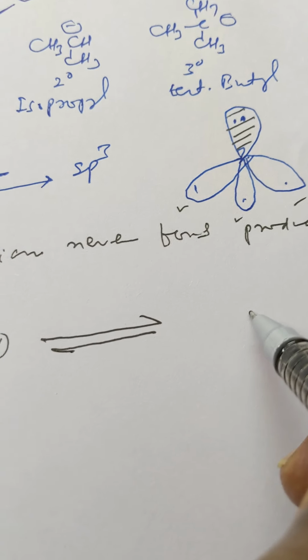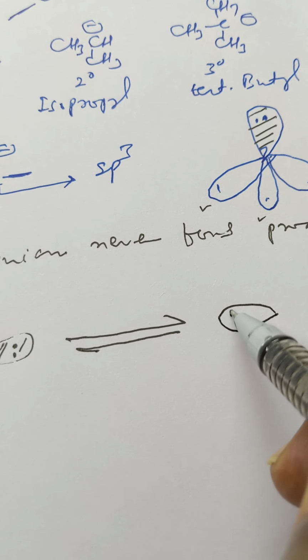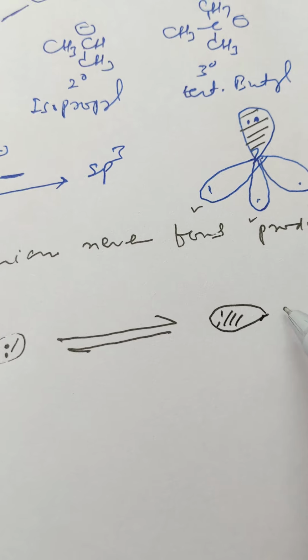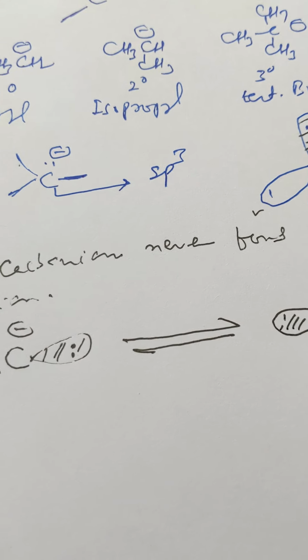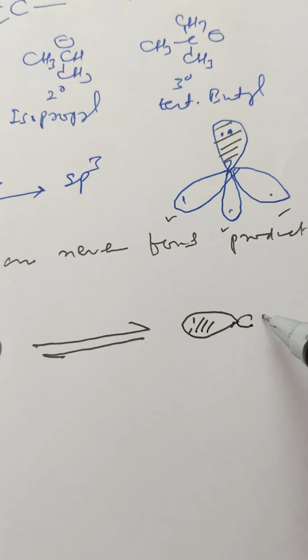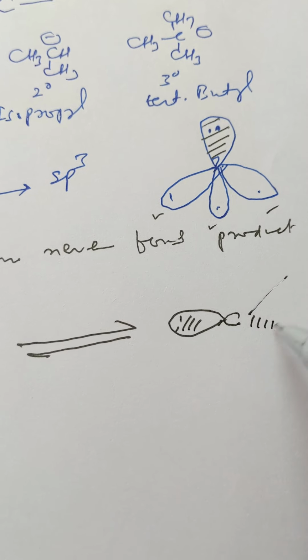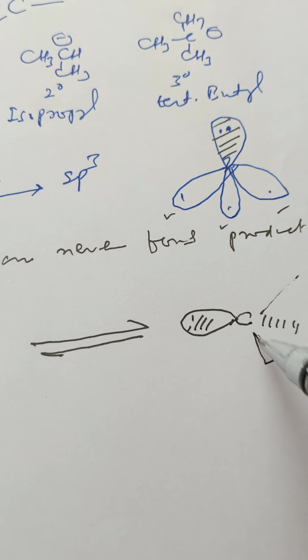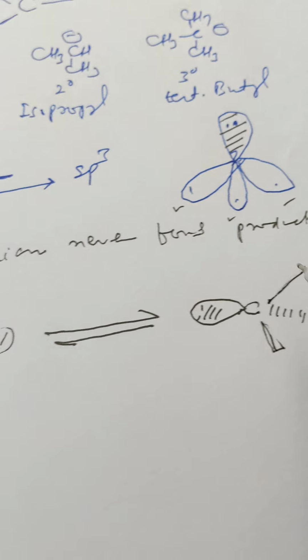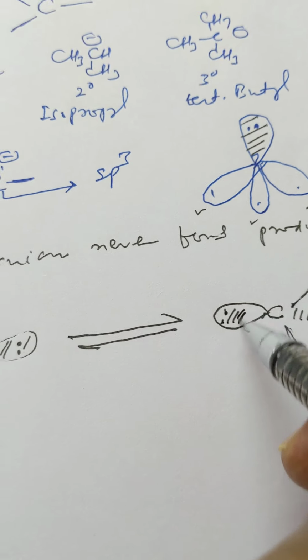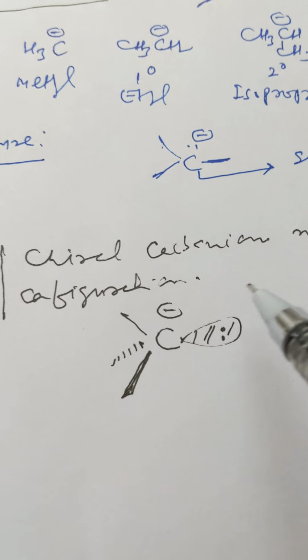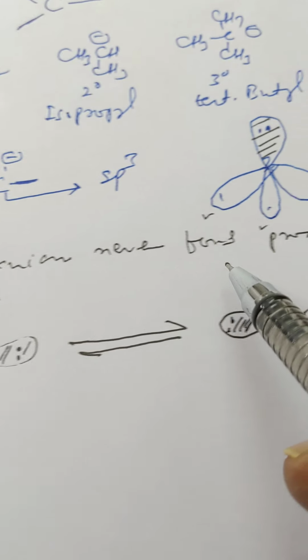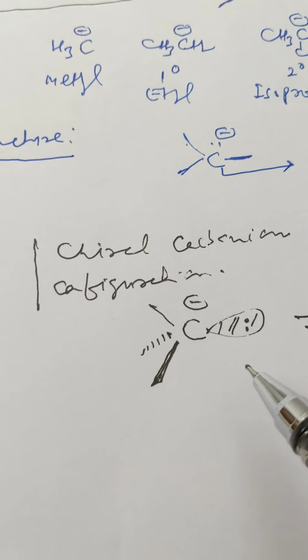Oscillating means it will be like this, and say this. So when it oscillates, configuration changes, and hence, this is a very important point, that a chiral carbanion never forms product with retention of configuration.